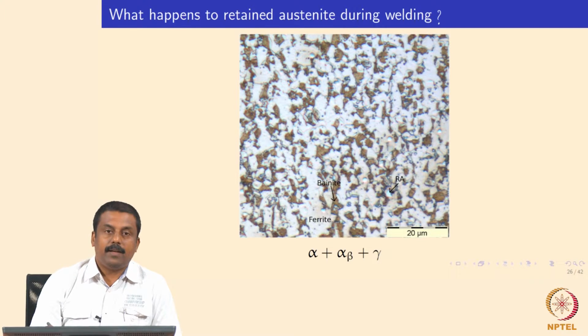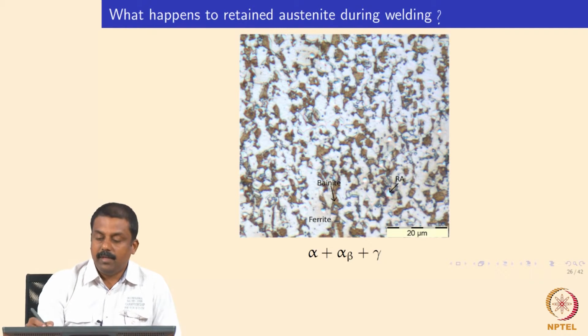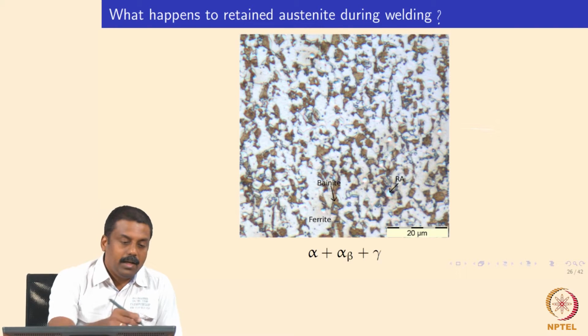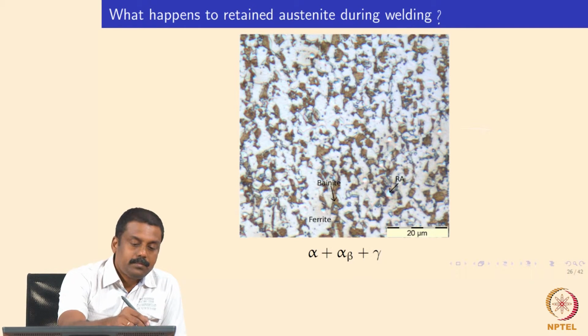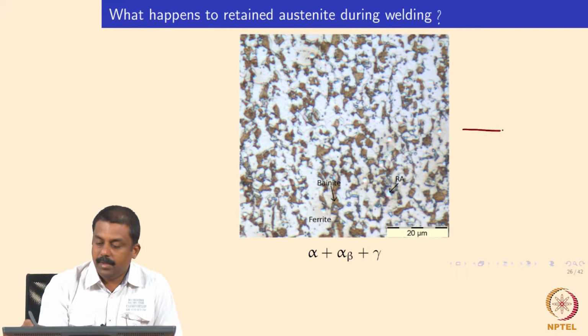So, we will have to understand how the retained austenite fraction changes in the heat affected zone based on the peak temperature reached. We already looked at the variation in the peak temperatures when you move along from the weld center line.